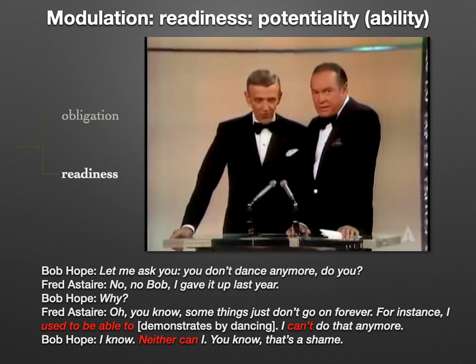This is 1970. He was born in 1899, so he's 70 or 71 here. And Bob Hope was not much younger. He was born in 1904.